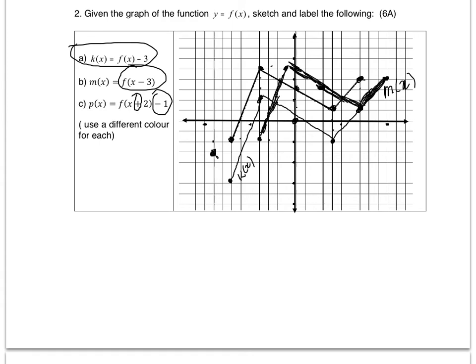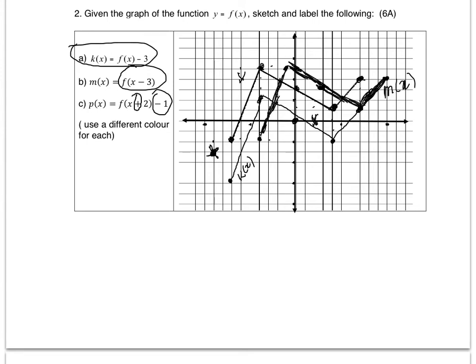I'm going to show them with a cross. For this point on the top, I go 2 units left and 1 unit down, so I'm going to end up somewhere around here. For this point here, I'm going to go 2 units left and then 1 unit down, so I'm going to end up here.